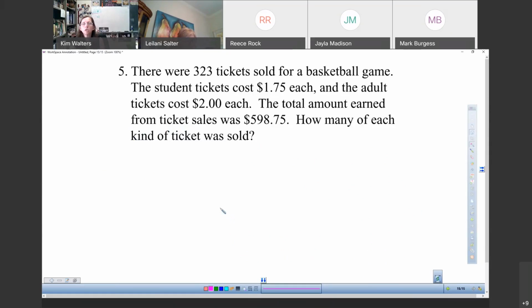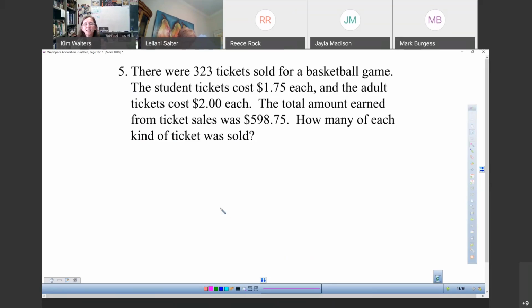Anyway, student tickets were $1.75 each, and the adult tickets were $2 each. The total amount earned from ticket sales was $598.75. I don't know when the last time you could go to any kind of game for $1.75 was, but anyway, that was back like when I was a kid, so that was dark ages. How many of each kind of ticket was sold?